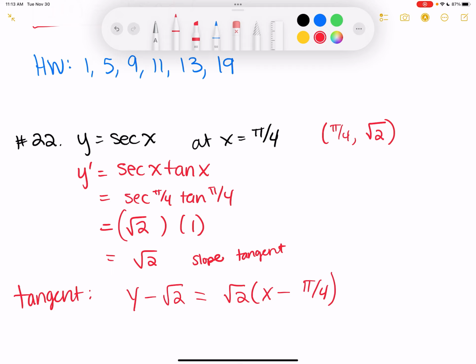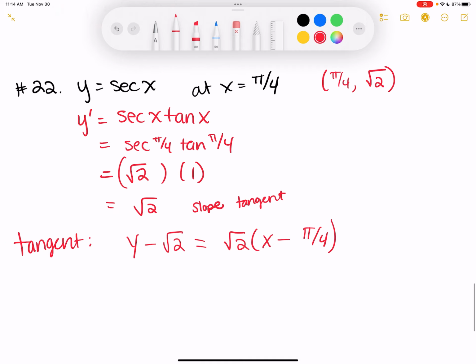And these do come out to be really weird. The book will change them to decimals. I don't necessarily care if you change them or if you just leave them. But this is going to end up being y is equal to the square root of 2 x minus pi root 2 over 4 plus the square root of 2.